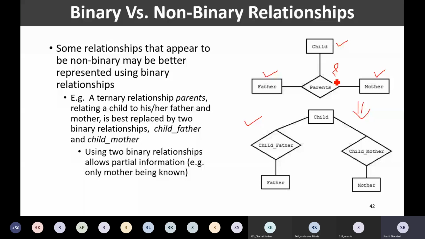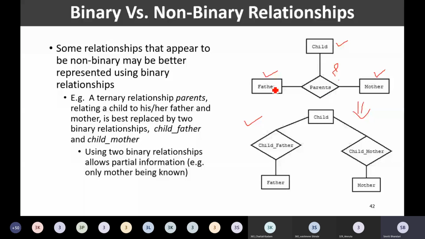So whenever I am trying to input the data, I know who is the father of the child, I know who is the mother of the child, right? And that is why, while inputting the information in this parent, obviously if you remember, what are the attributes by default for this relationship parent? By default, I am having the attributes which are the primary keys of all participating entity sets.